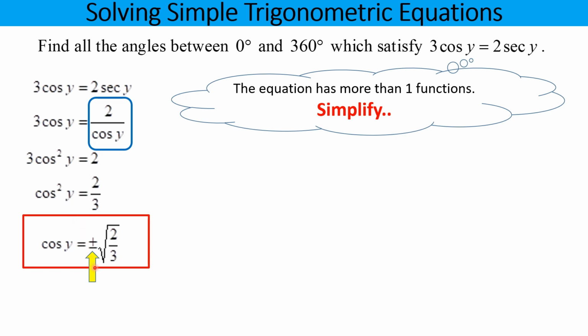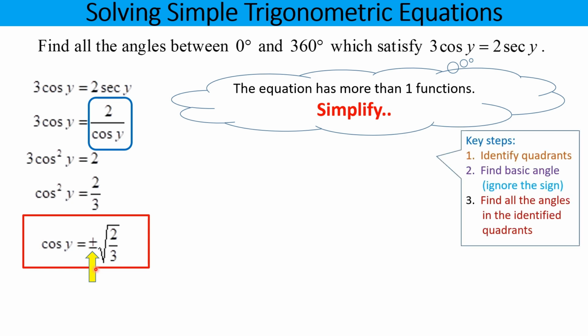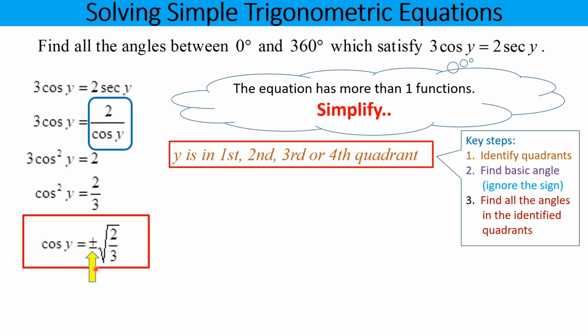With this, we are going to apply the 3 key steps to solve this equation. The very first step is to identify the quadrants. Over here, the quadrants that we have cover first, second, third, and fourth. I would like to ask you to think why the angle y is in all the 4 quadrants.